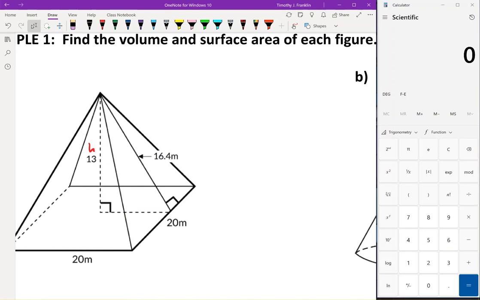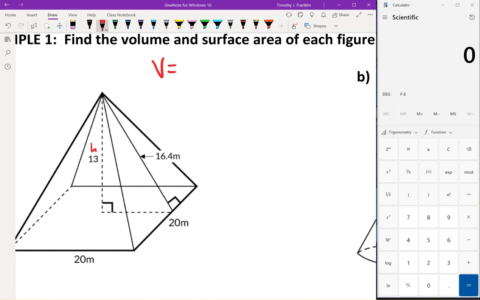So let's first find the volume. In other words, area of the base times the height. So the area of the base is a square, 20 times 20, times the height of the pyramid, which is 13. I forgot my 1/3, so times 13, all divided by 3, right, times 1/3.